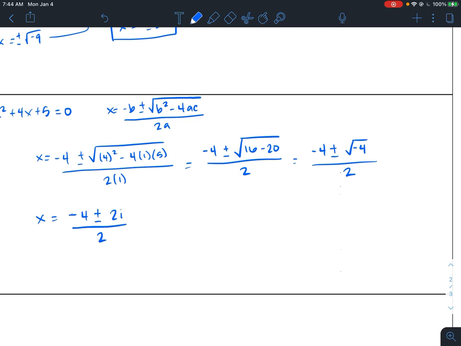So whenever we have a fraction like this, we can divide both terms on both sides of the plus or minus by 2. So this is negative 4 divided by 2 plus or minus 2i divided by 2.